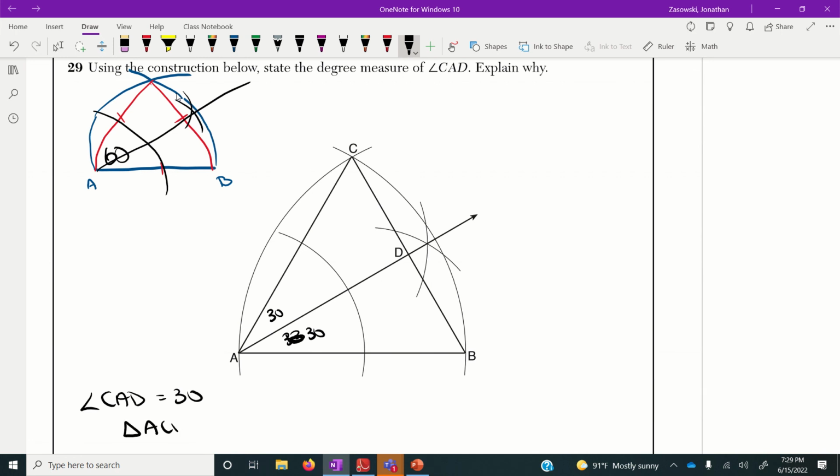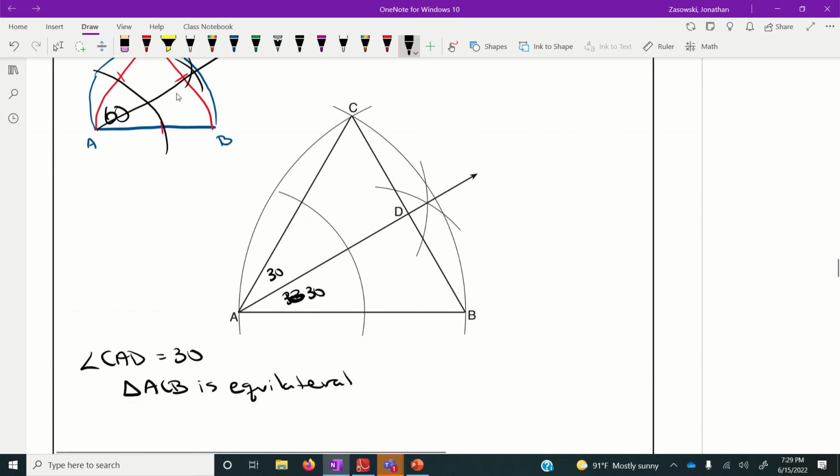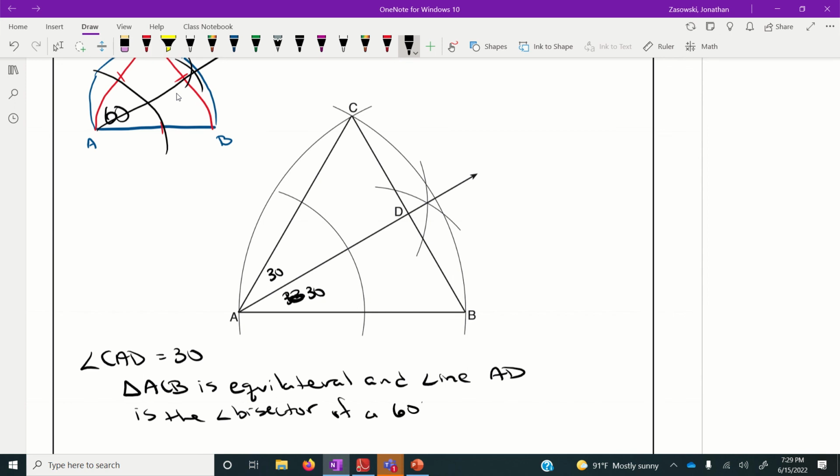Triangle ACB is equilateral. And line AD is the angle bisector of a 60-degree angle.